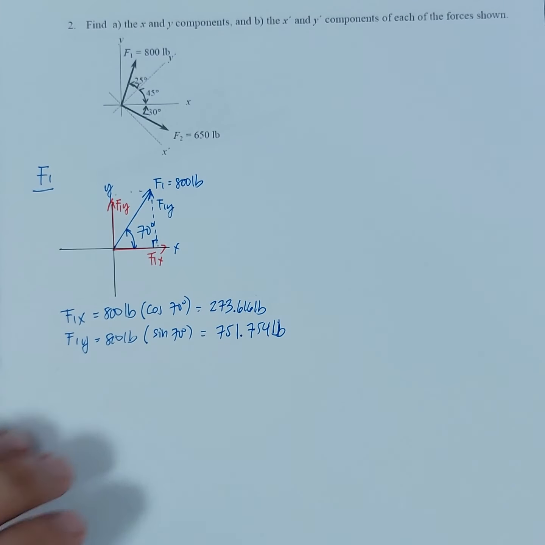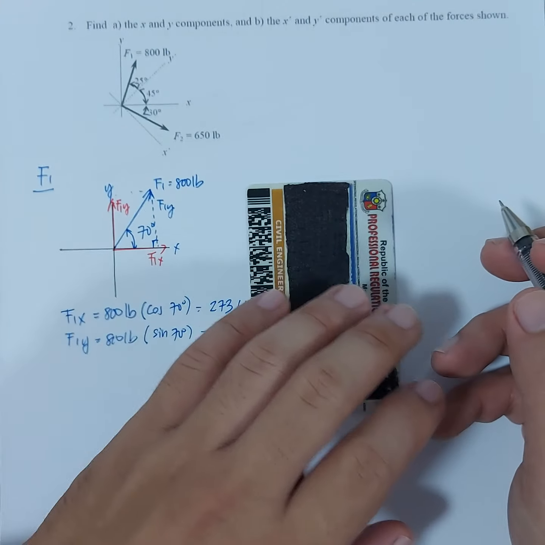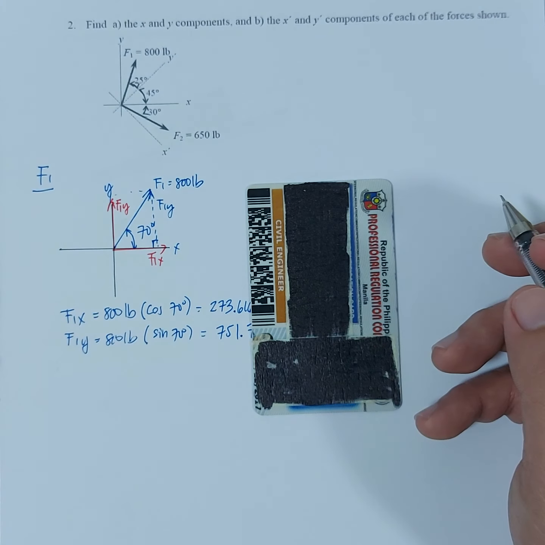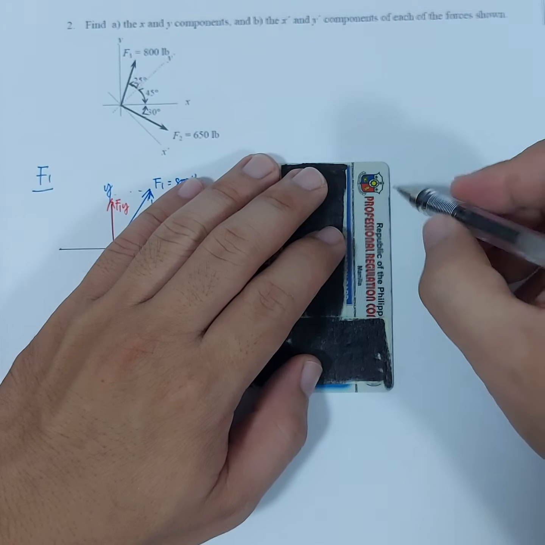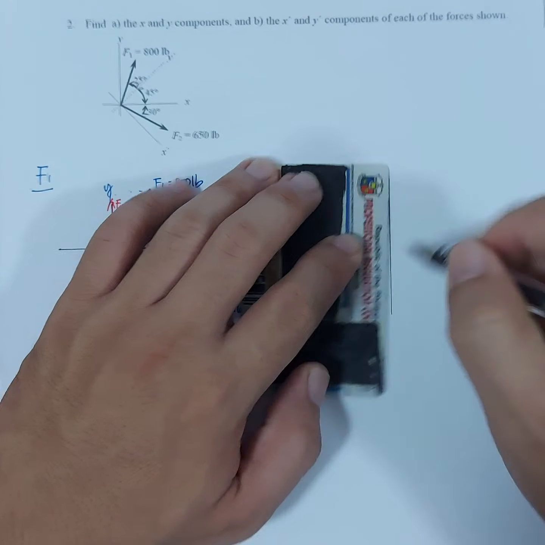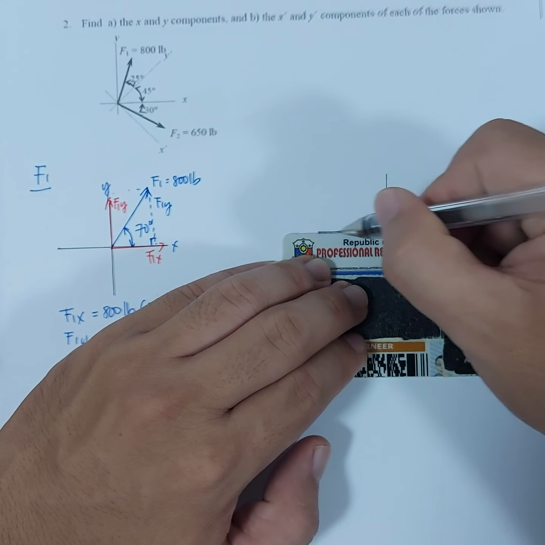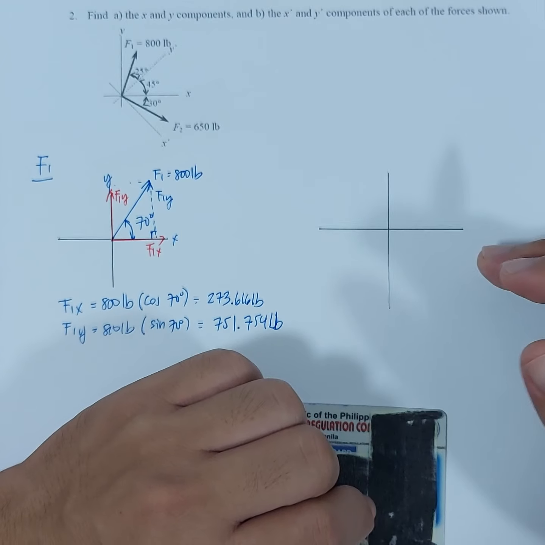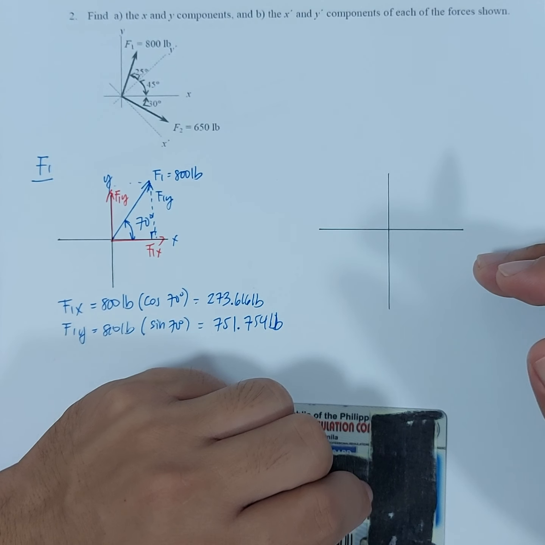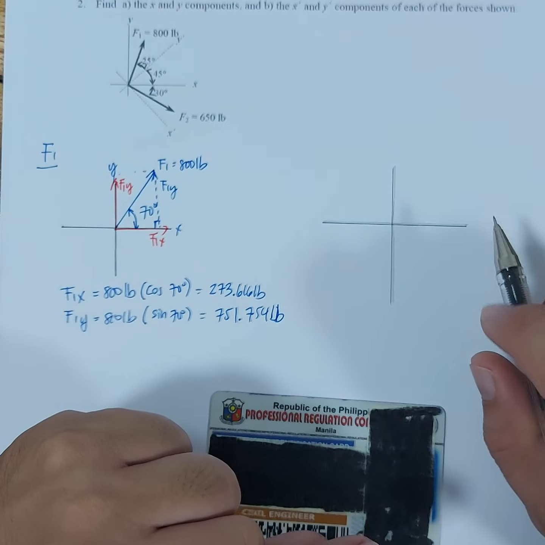Okay, next, let's solve for the x prime and y prime components of F1. So let's try to draw again another figure. Yung axis natin is rotated 45 degrees from the horizontal axis.